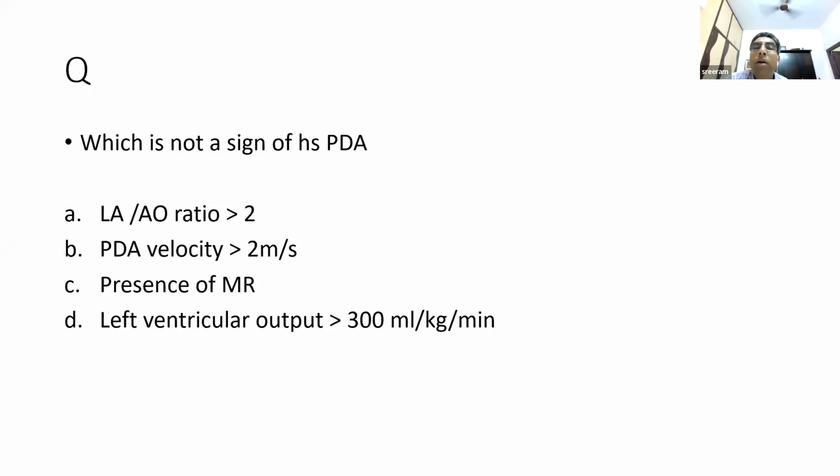It's a high output, isn't it? High output is not a sign of hemodynamically significant PDA. PDA velocity, isn't it? So when you have a high velocity flow, it's not a sign of HSPDA, isn't it? Okay. Let's move on to the next one.